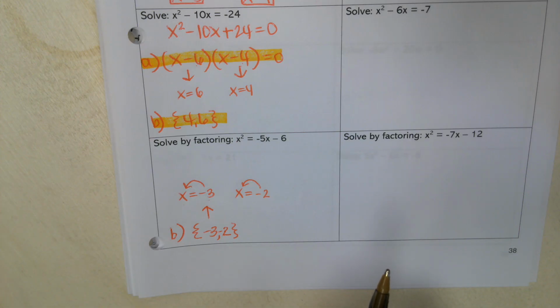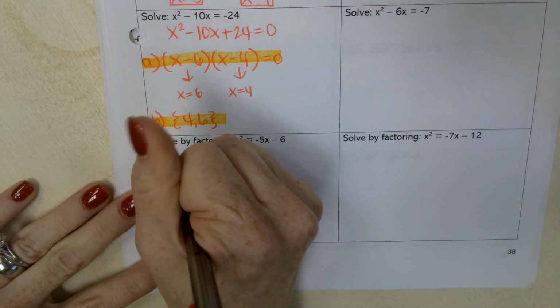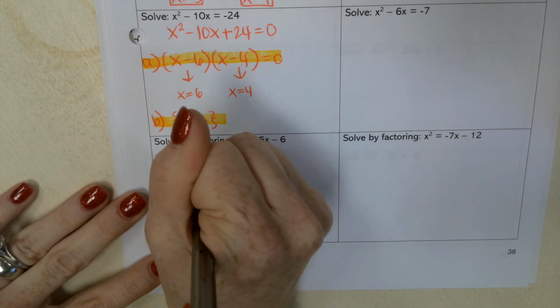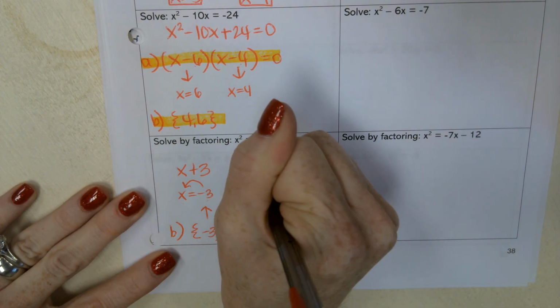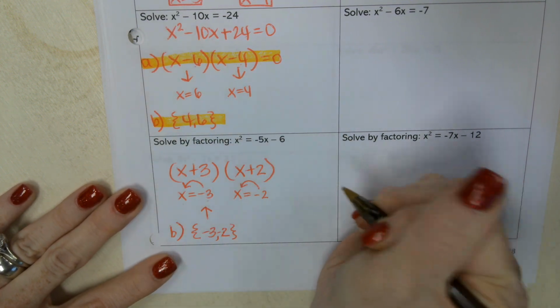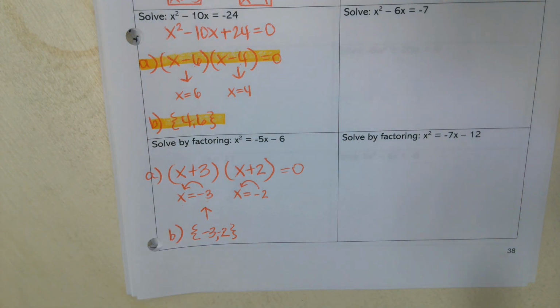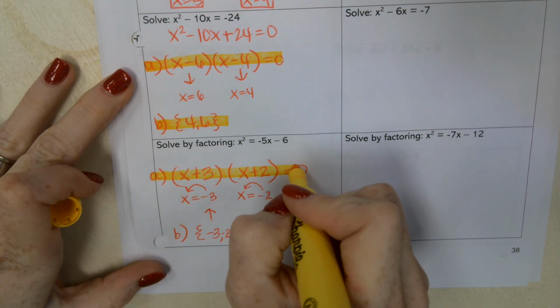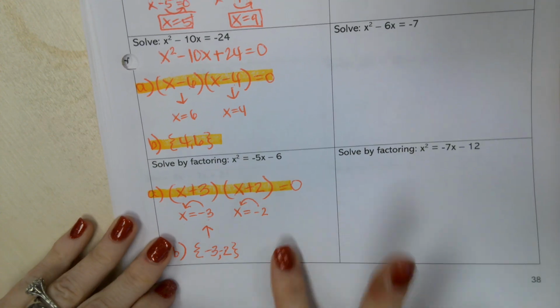If I want to write this in factored form, all I need to do is move this back over, move this back over, and here is factored form. That's part A. Thank you, Desmos.